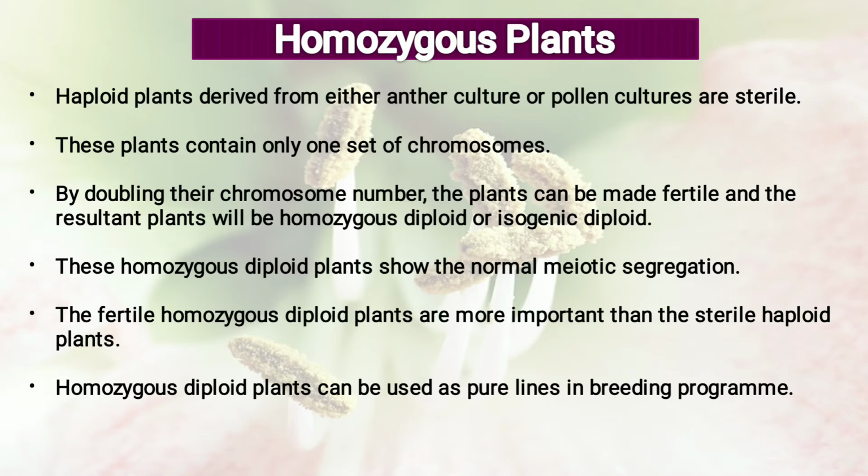These homozygous diploid plants show normal meiotic segregation. The fertile homozygous diploid plants are more important than the sterile haploid plants. Homozygous diploid plants can be used as a pure line in a breeding program.